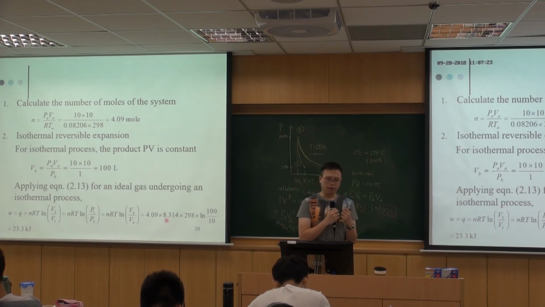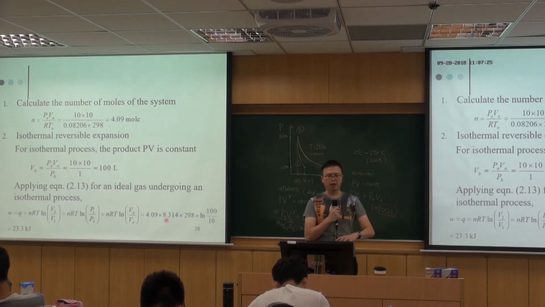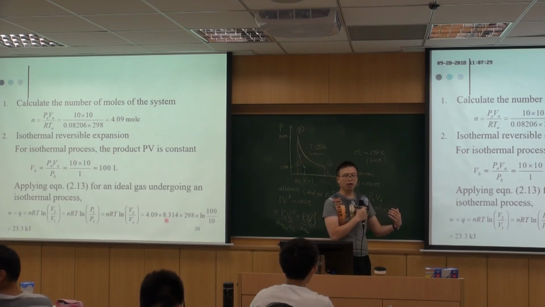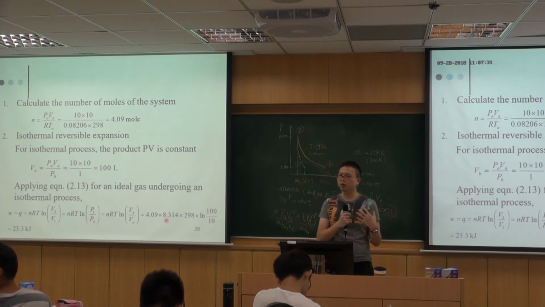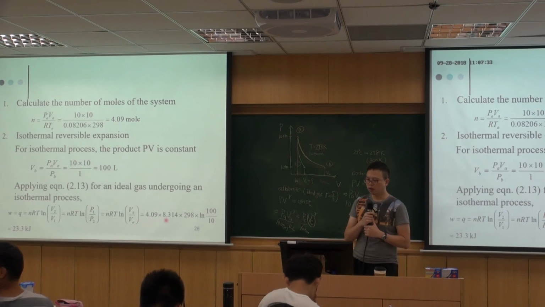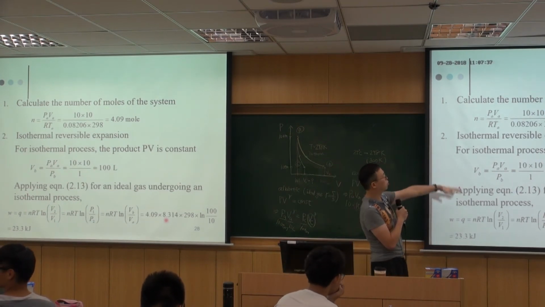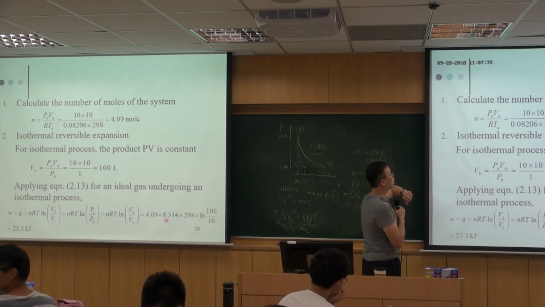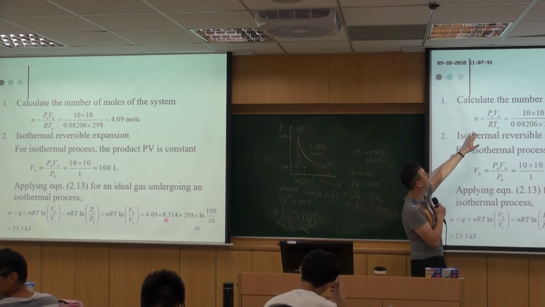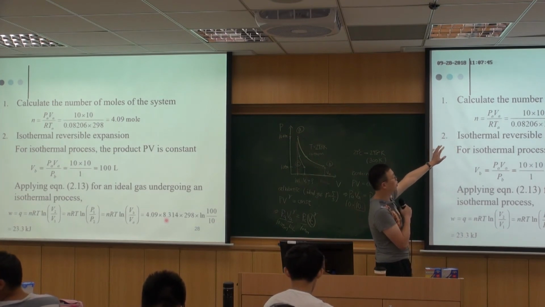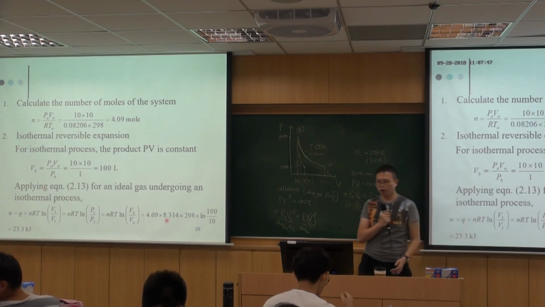Okay. If you forget, please go back to chapter 1. There's a section where we talk about different kinds of numbers when you're dealing with different units. And especially in this problem, we see that there are 2 different numbers that we're going to use. If you start from using gas, the product between P and V to calculate something, you have to use 0.082.